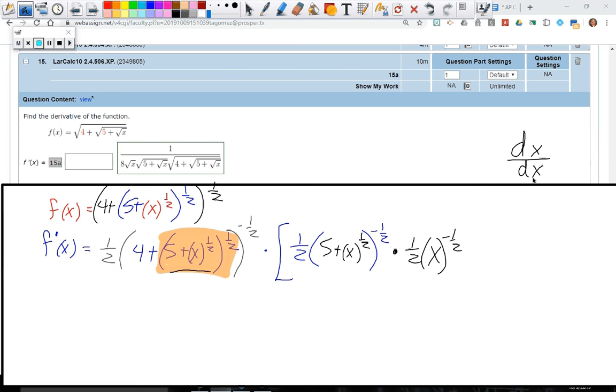Yes? Another question. You put like the first bracket. Okay, so that's the second bracket. So everything in the bracket is the derivative of the stuff in here. And yes, if you wanted to, you could move this downstairs.